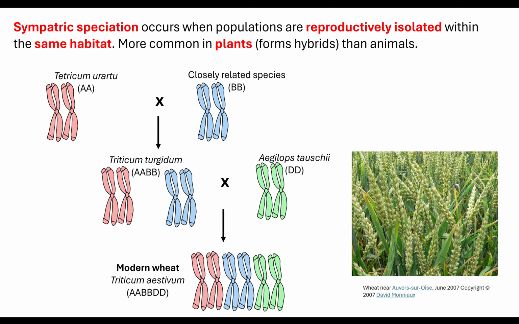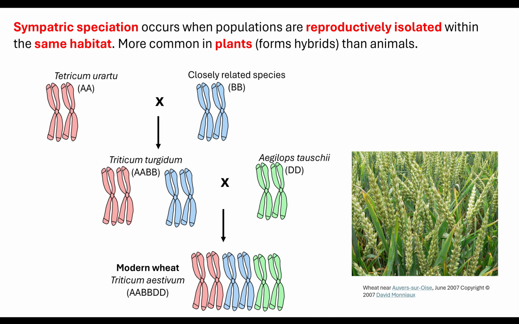And this happens as well with your wild mustard plant. There are lots of varieties within the wild mustard family, which has given us different plant species. So sympatric speciation is this production of a new species because they have been reproductively isolated, but they are within the same habitat.